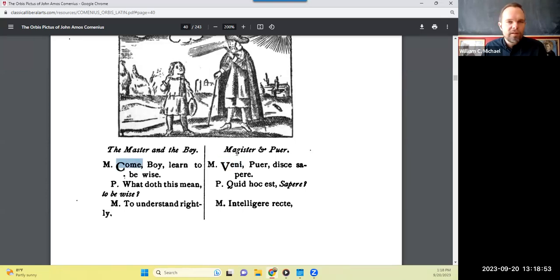And you probably know that word because at Christmas time we sing Venite adoremus, and that hymn is come, let us adore him, right? Venite adoremus. Venite is plural. So if I was talking to a bunch of people, I would say venite, which means come. But veni is singular because the magister is talking to one boy. Yeah, veni, Emmanuel, same thing. O come, Emmanuel. Very good.